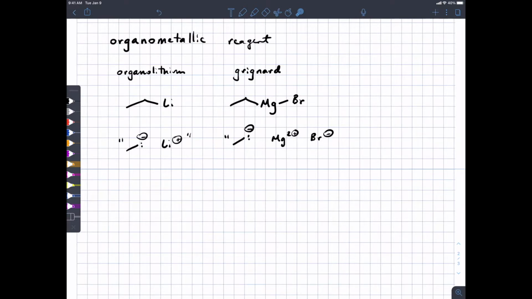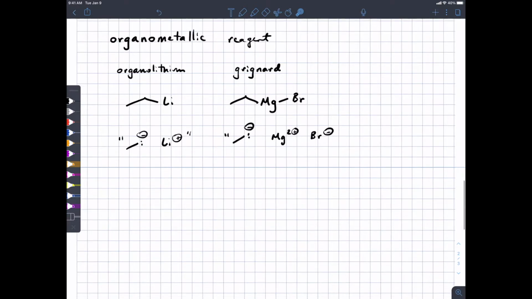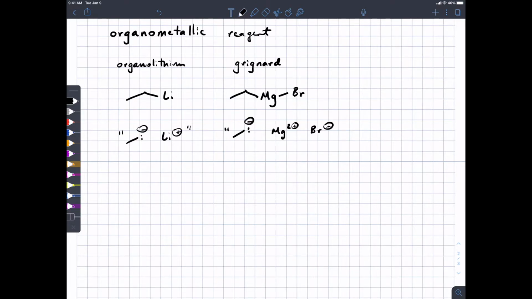So there you go. Lastly, we're going to introduce a reagent called a cuprate. Cu is for copper. We're going to use a copper 2 plus, and it's going to be covalently bonded to 2 different alkyl groups. Let's see, I'm wrong because it's not copper 2 plus, is it?